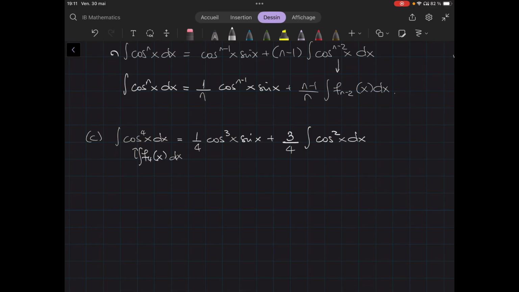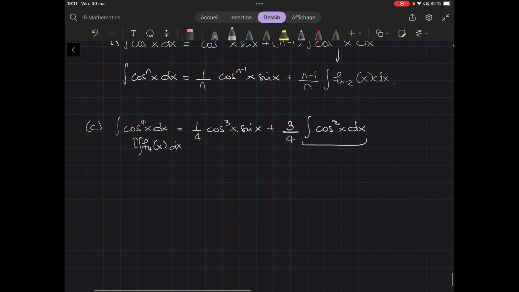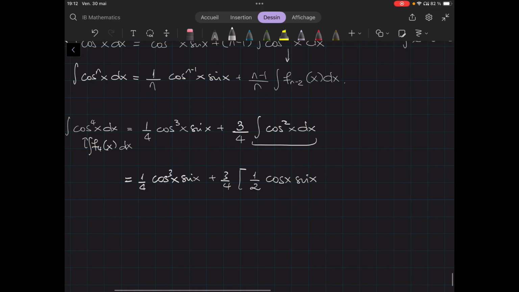We can even do this one more time. So I'm going to carry the first term down. This integral is going to be 1 over 2, cos to the n minus 1 will now become cos times sine of x. N is equal to 2, so 2 minus 1 divided by 2, and the integral of 1 dx.